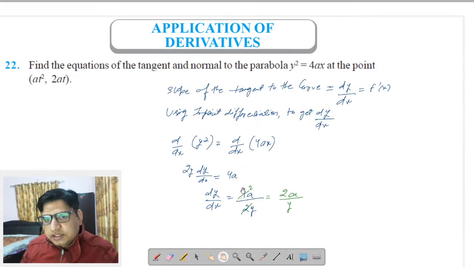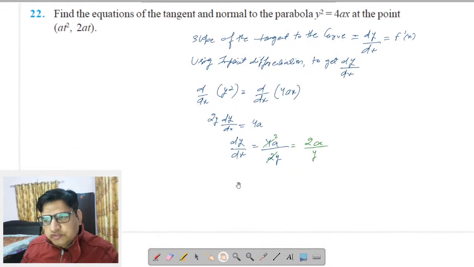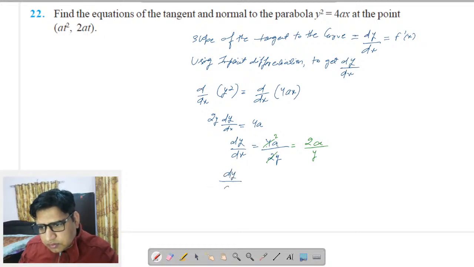Here we need to find the value of the slope of the tangent at a particular point, which is (at square, 2at).